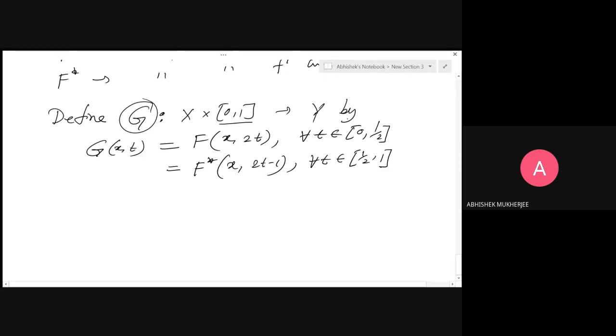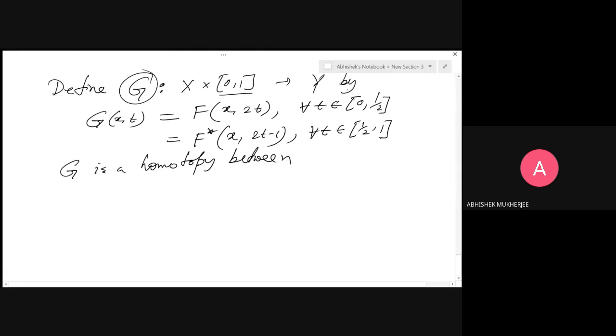Hence this G is a homotopy between f and f double dashed. So G(x,0) at time 0: G(x,0) is F(x,0).